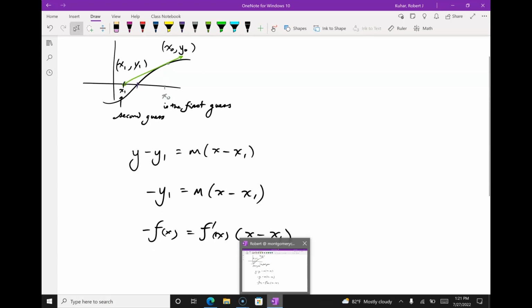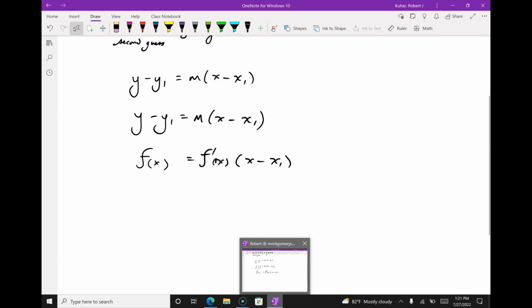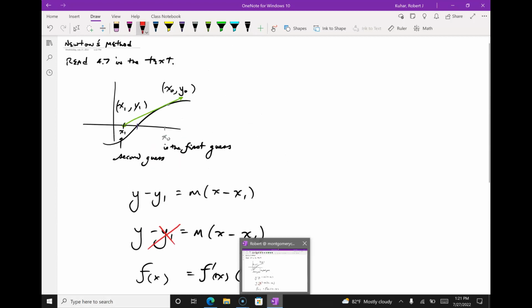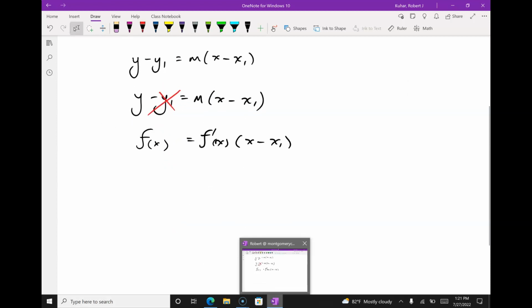Oh, no, I screwed that up. You're right, thank you. That should be y minus y1, right? So I get f of x. That's it, sorry. The y1 went to 0, right? Everybody agrees. Yes, it is y equals f of x, right? But I want to do it this way. I want to remember I'm solving for this guy, find the next x.